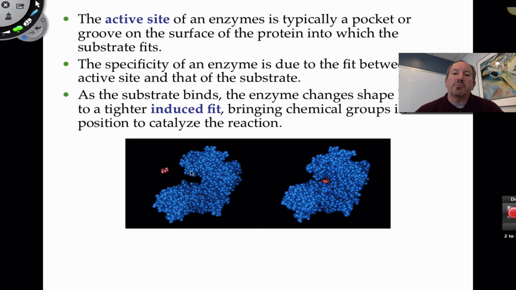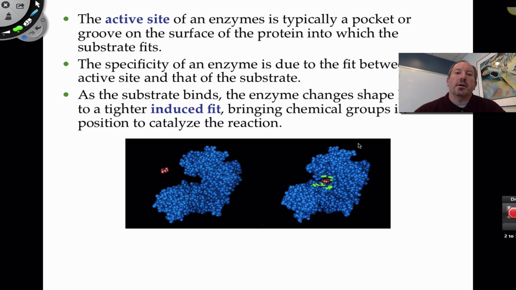When the substrate does bind to the active site, it leads to an interaction between the substrate and the protein, such that it causes the protein to change itself and therefore stress the substrate.